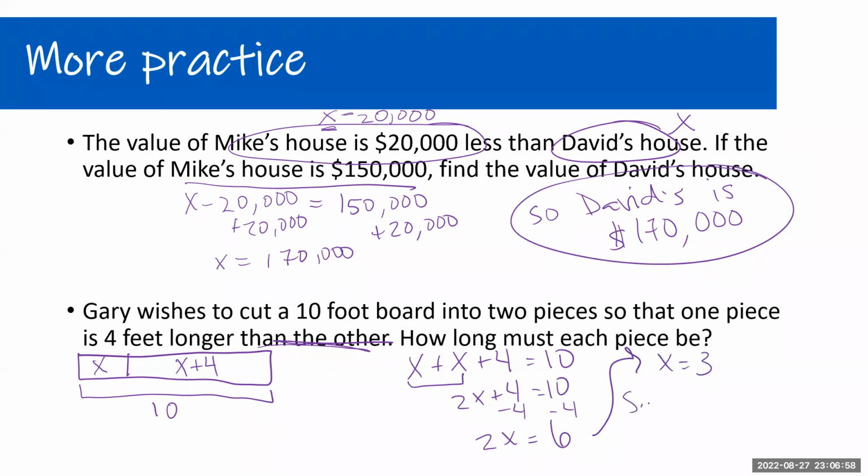So our pieces are 3 feet and 3 plus 4, which is 7 feet. And again, go back and check. You have a 10-foot board, so 3 plus 7 is in fact 10 feet, so good. And then you have one that's 4 feet longer than the other. And sure enough, 7 feet's 4 feet longer than 3. So we're good to go.